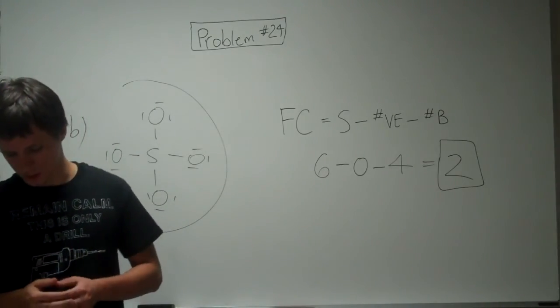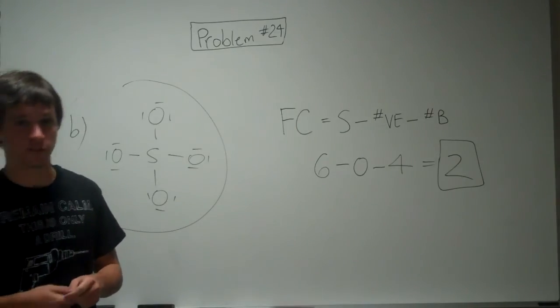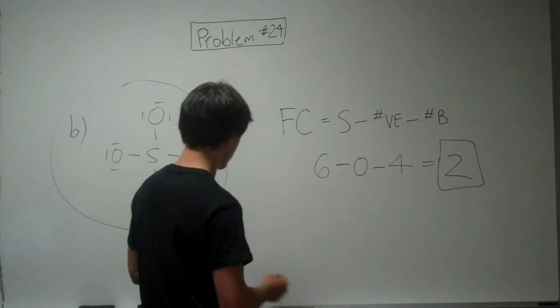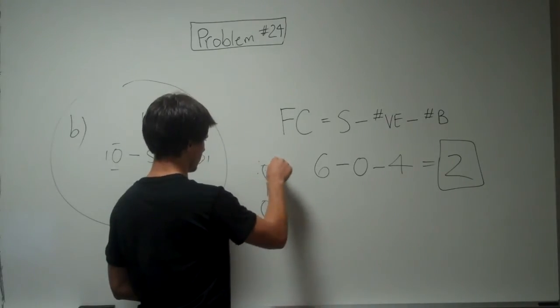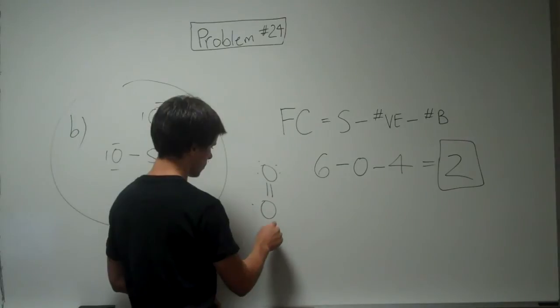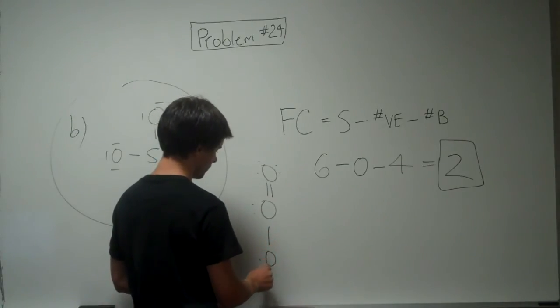I'll do one more just so you can get another idea of formal charges. So, part C is this structure. It's an oxygen double bonded to an oxygen, and single bonded to a third.